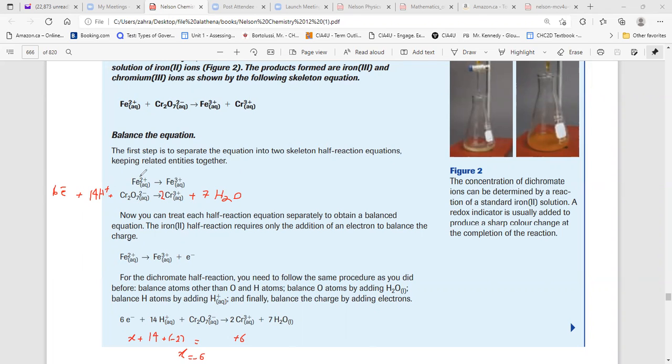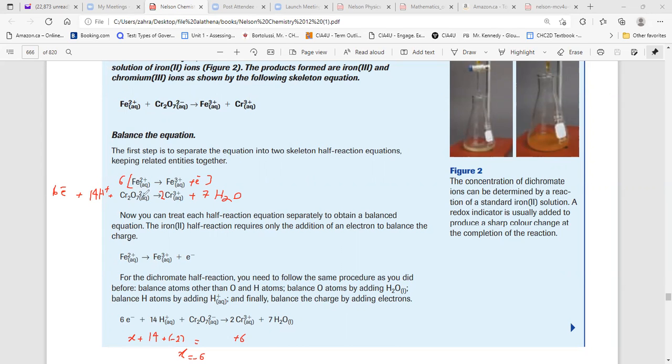Now, since in the first one, 1 electron was there, I need to multiply everything here by 6 because I want to add these 2 reactions. The electron gain and electron loss need to cancel each other, right? That's a transferring electron. Then the coefficient of Fe is going to be 6.